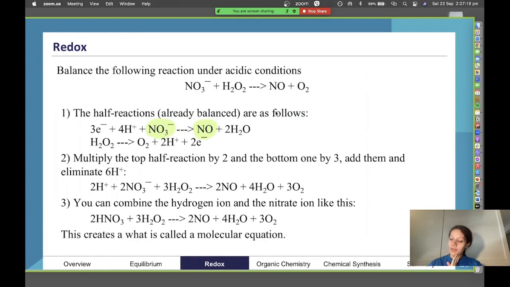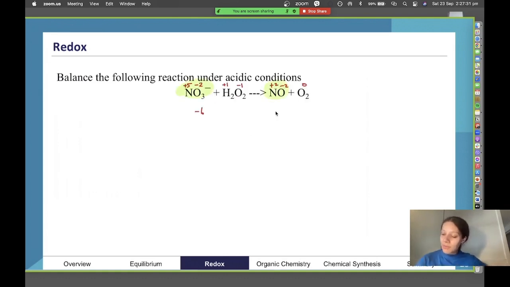And then for our oxidation half equation, we have our H2O2 forming our O2. So like we saw before, oxygen went from -1 to 0.